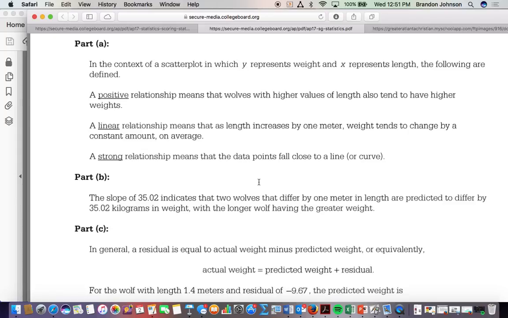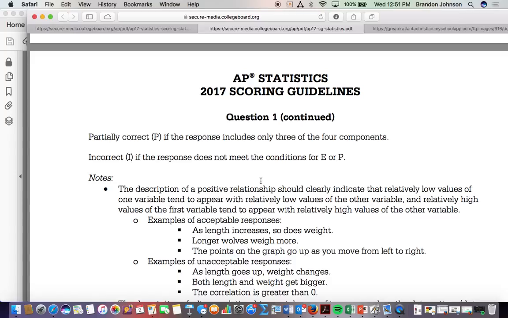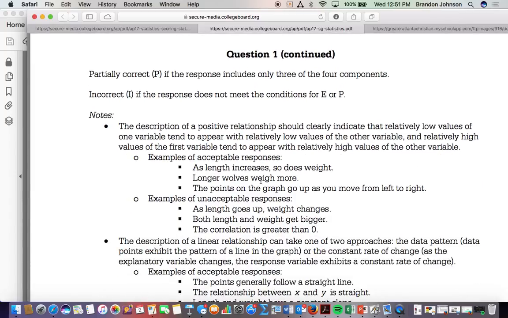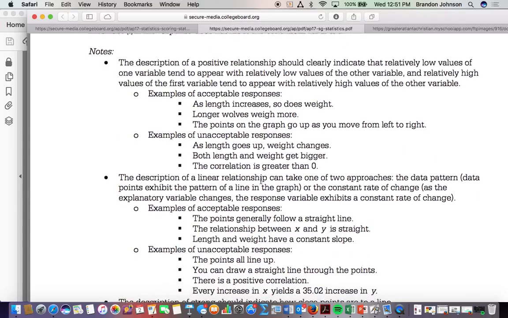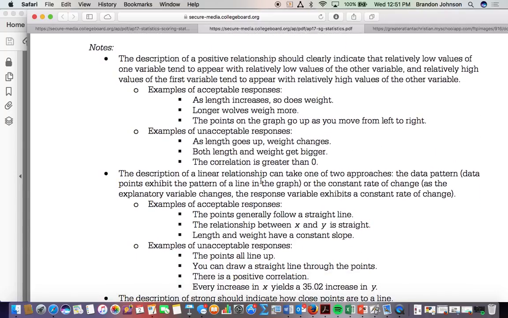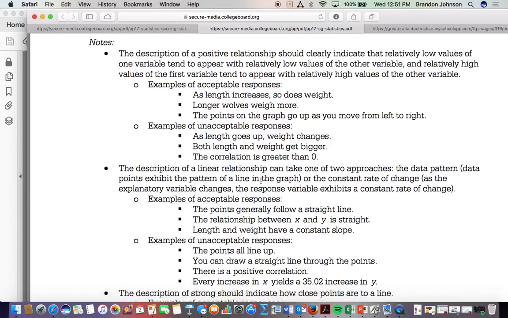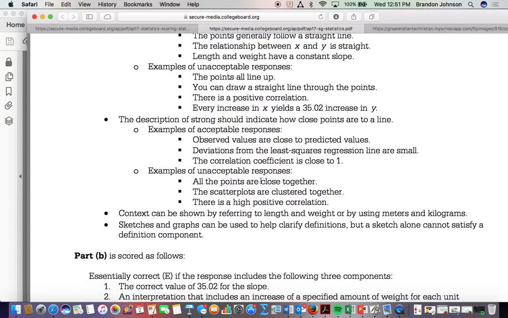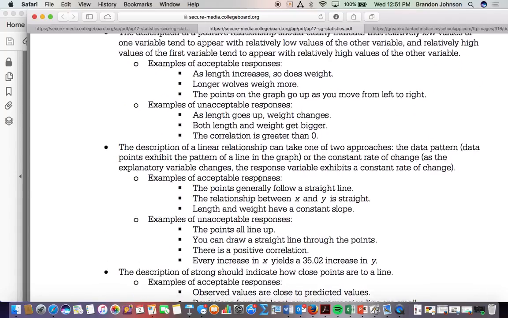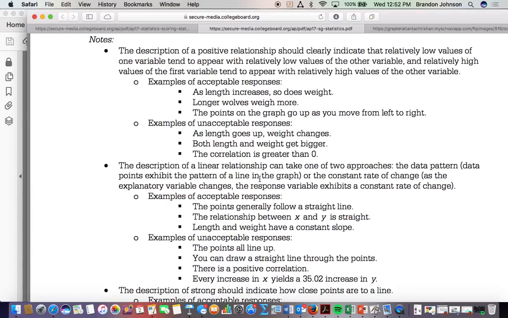Basically, the data resembles... Sorry, because we need to interpret the meaning of the slope.